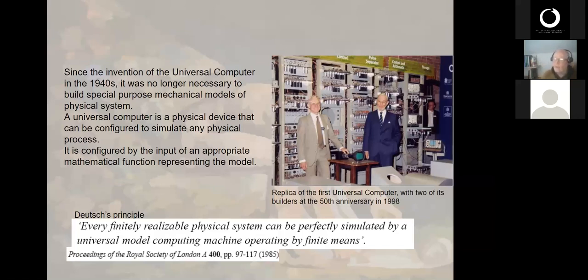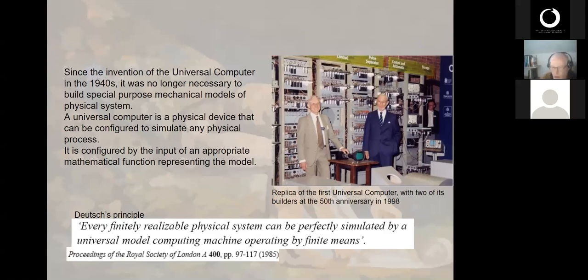It's saying that a universal computer is equivalent to any physical system, to the extent that we believe that physical systems can be defined in terms of mathematical laws. If we have them as mathematical laws, we can always compute them on a universal computer.